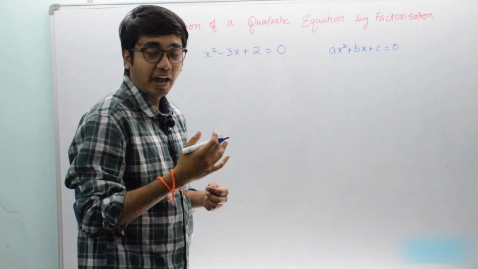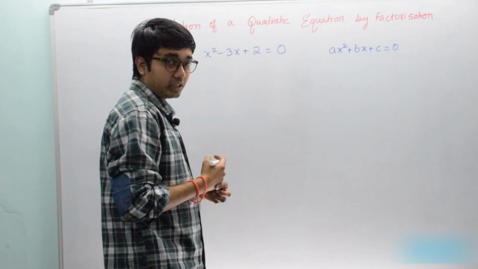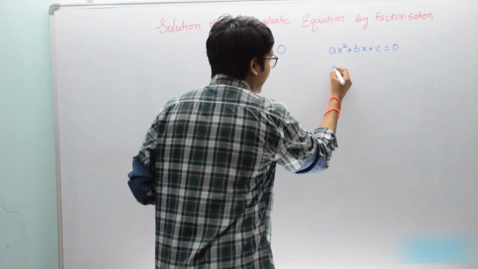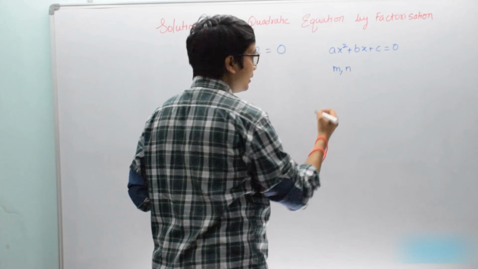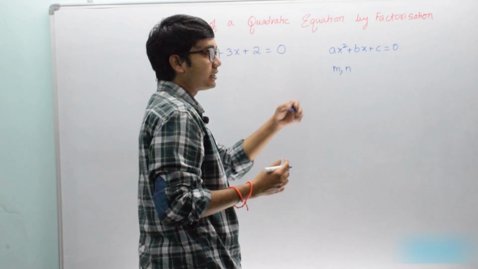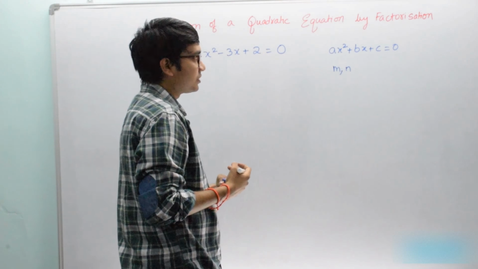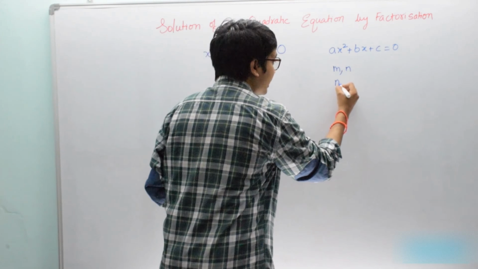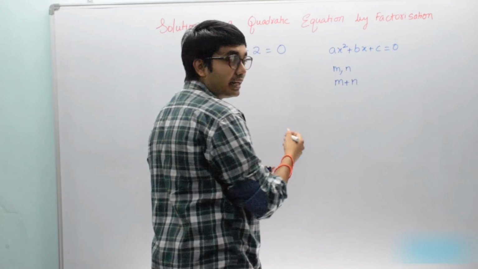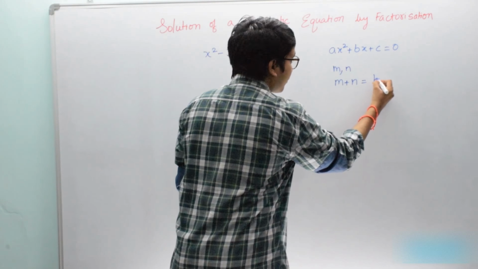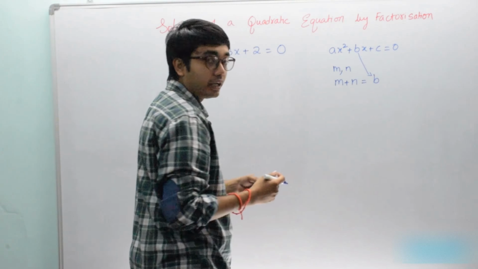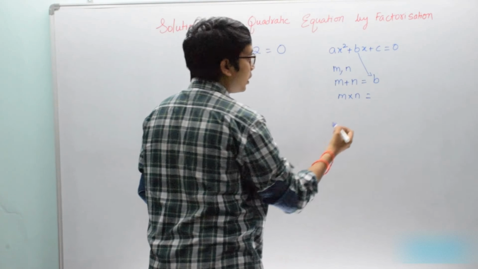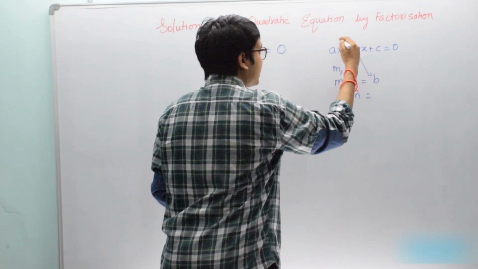The first step in factorization is you should split the coefficient of x into two numbers, let the two numbers be m and n, such that the sum of the numbers should be equal to b, and the product of those two numbers m into n is equal to the product of a and c.